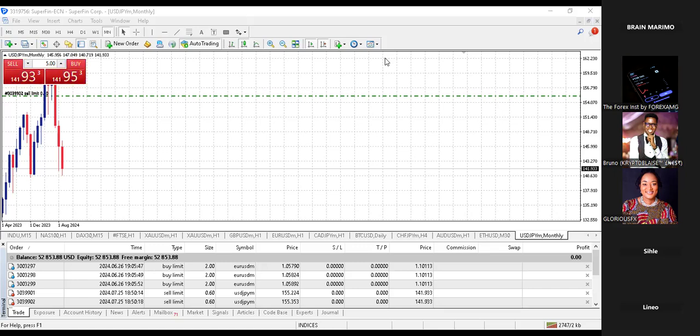GBP USD. And why GBP USD? Why are you spending more time there? Is it mainly price action that you've been studying? Yeah, it's mainly price action, and I found out that GBP USD most times is trendy.